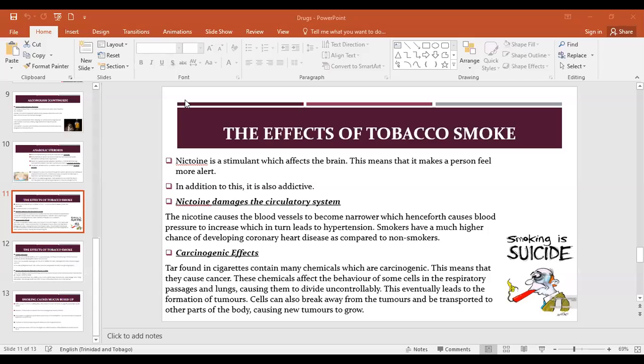Right, so when you're talking about tobacco and cigarettes, of course, it becomes addictive because it is a stimulant and it affects the brain. It makes a person feel good. It makes a person feel alert. It produces a calming sensation within the individual, that's why when somebody is stressed out, they will want to smoke.